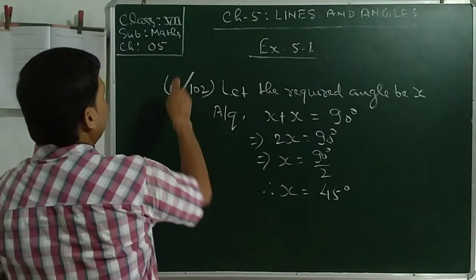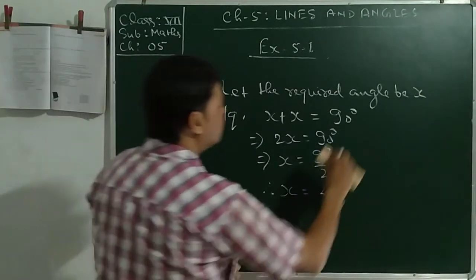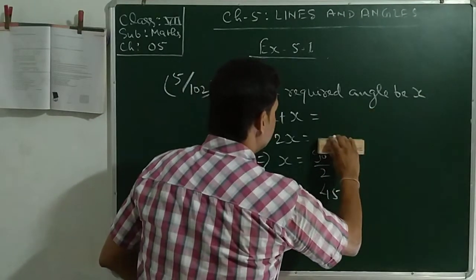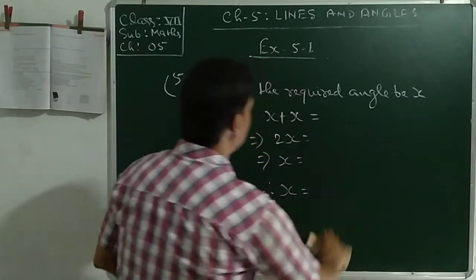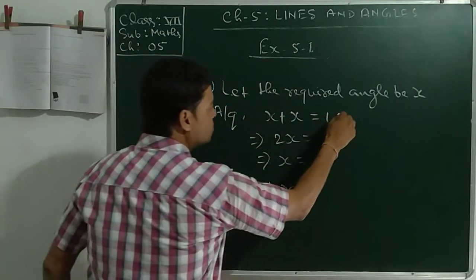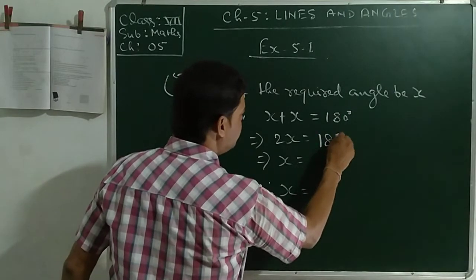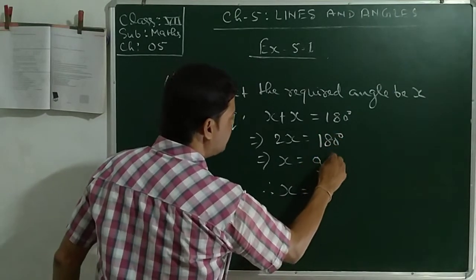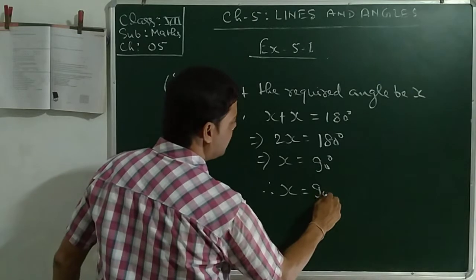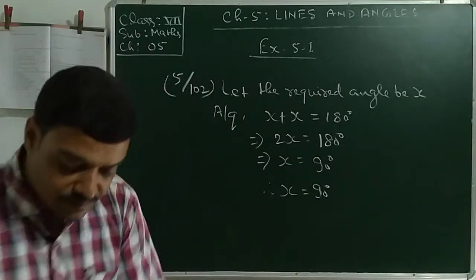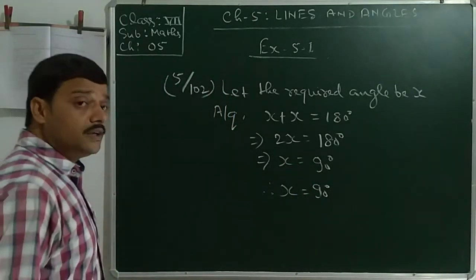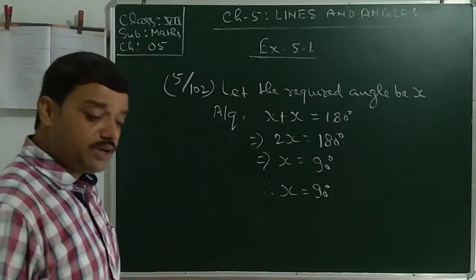See the number 5, all other things will remain same, the RHS will change. It's 180 degree, 2x will be 180 degree, x will be 90 degree, so 90 degree will be your answer. Number 4 and 5 sums were similar.